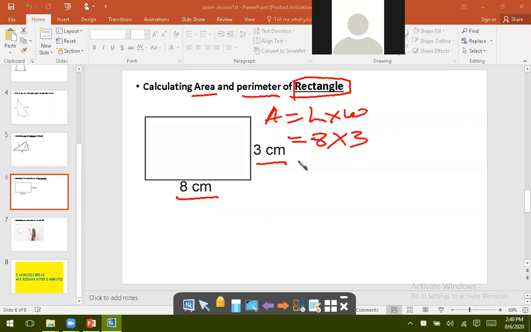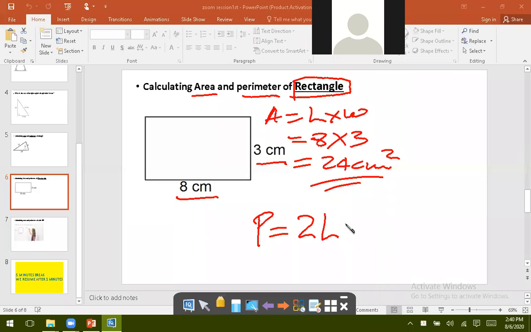So let's find the perimeter. You know that the formula for calculating the perimeter of a rectangle is 2L plus 2W. So 2L is the overall length, so 2 times the length, which is 8, plus 2 times the width, which is 3. So 2 times 8 is 16 plus 2 times 3 is 6.